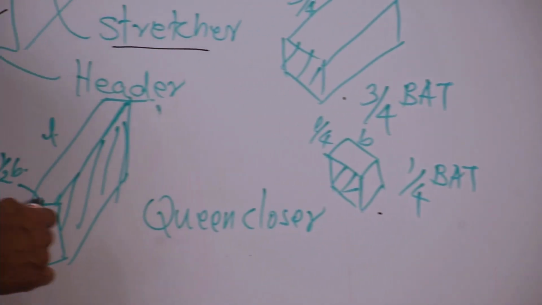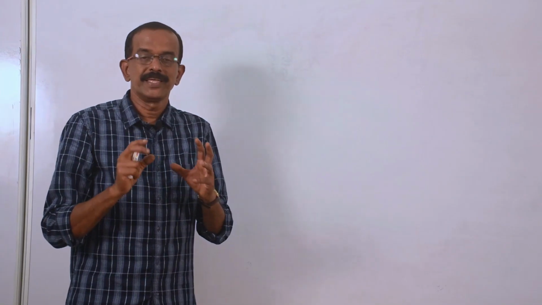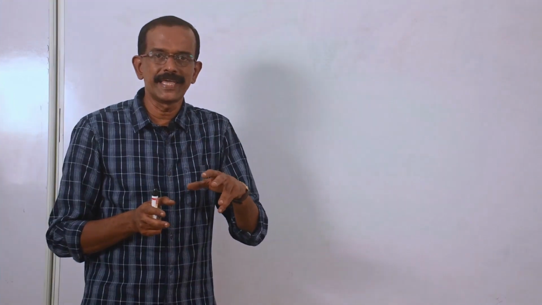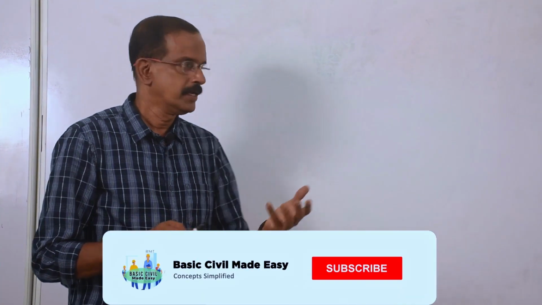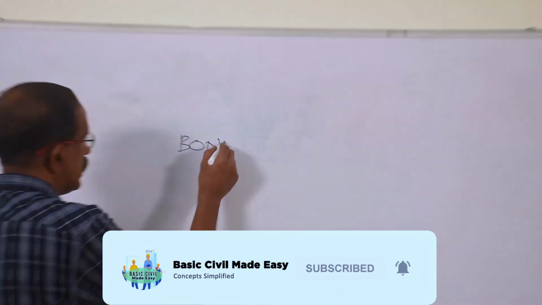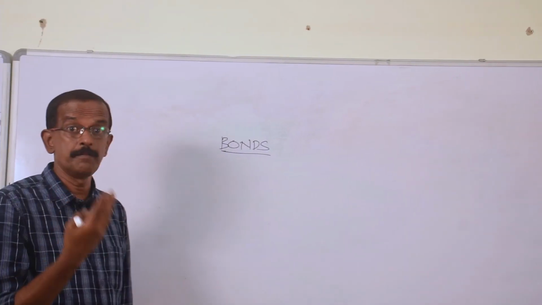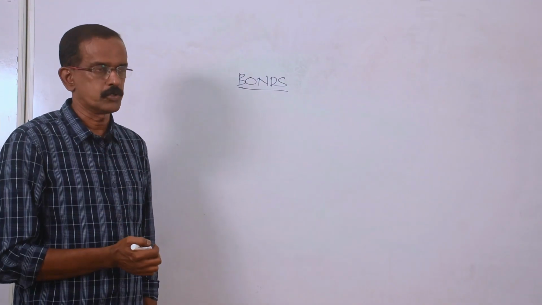Then half width, full length, queen closer. To construct any structure, bricks can be arranged in different styles, different forms. Those arrangements are called bonds. Arrangements of bricks in different styles, different patterns, are called bonds.